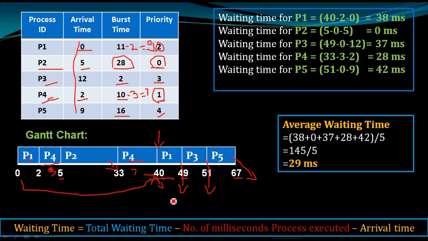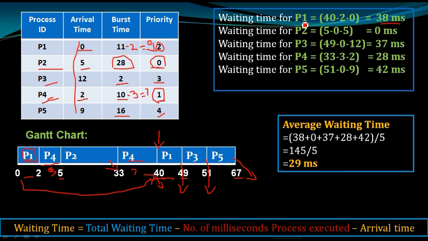So before 40, how many milliseconds has it executed? It has executed 2 milliseconds from 0 to 2. Okay, so 2. 0, what is 0? 0 is the arrival time, right? So it arrived at 0 time. So 40 minus 2 minus 0 is 38 milliseconds, the waiting time for P1.